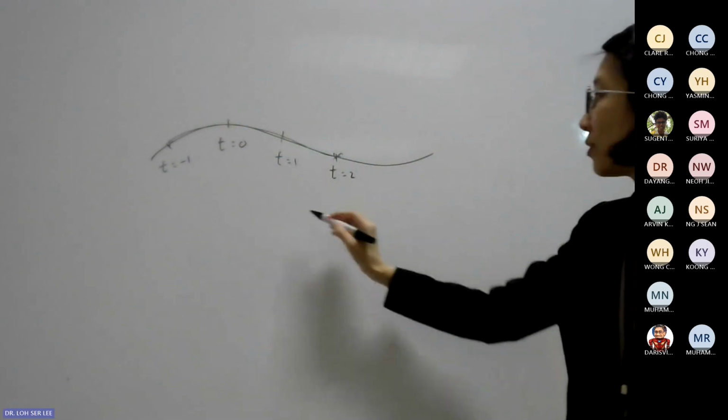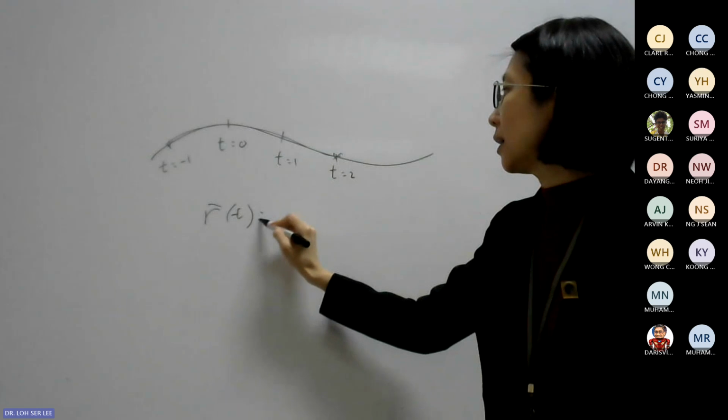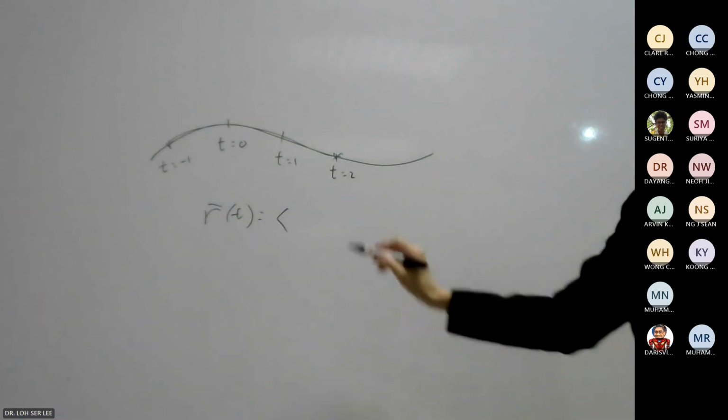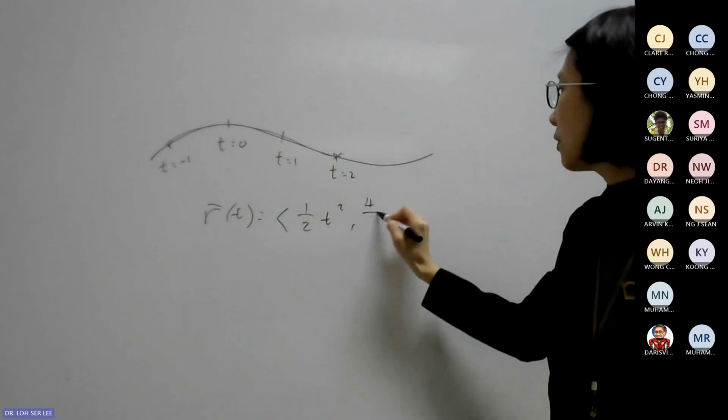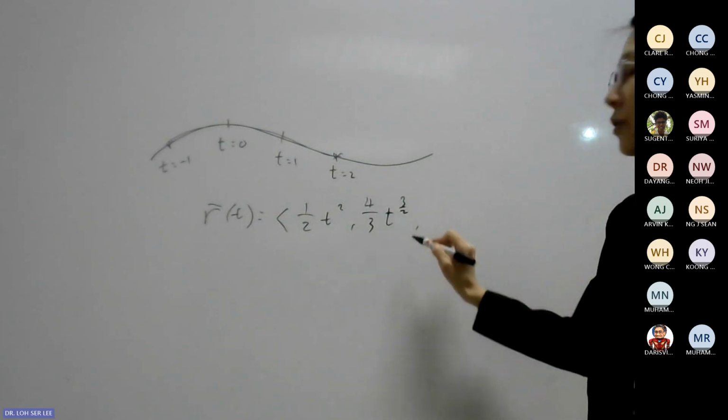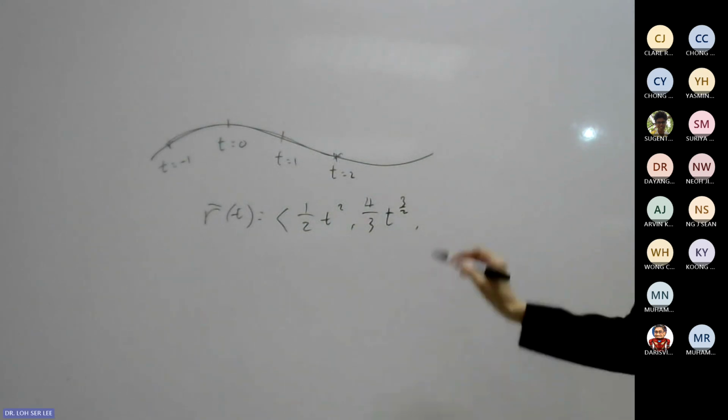Your arc is half t squared, 4/3 t^(3/2), and 2t.